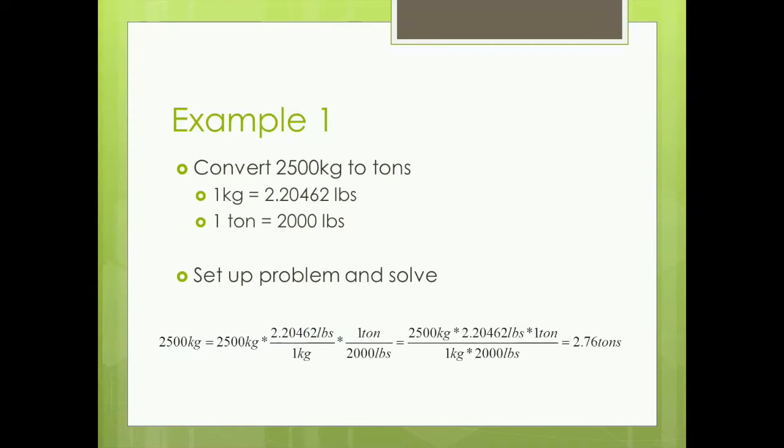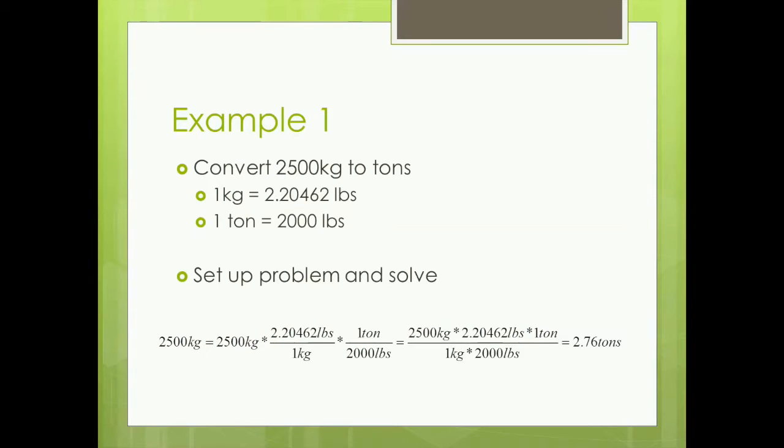The answer is that 2,500 kilograms equals 2.76 tons. Let's follow the steps. First, we take 2,500 kilograms and multiply by the first conversion factor, 2.20462 pounds in 1 kilogram. Then we multiply by the second conversion factor, 1 ton equals 2,000 pounds.